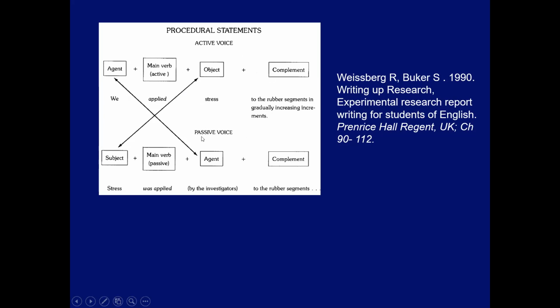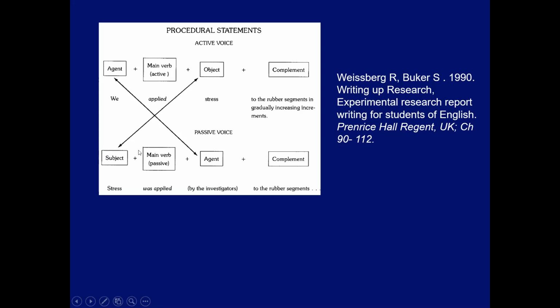The correct sentence should be written in the simple past passive voice. In the passive voice, the object comes first in the sentence, followed by the verb in the middle, and then the agent. So instead of saying we applied stress, this could be modified to the stress was applied.